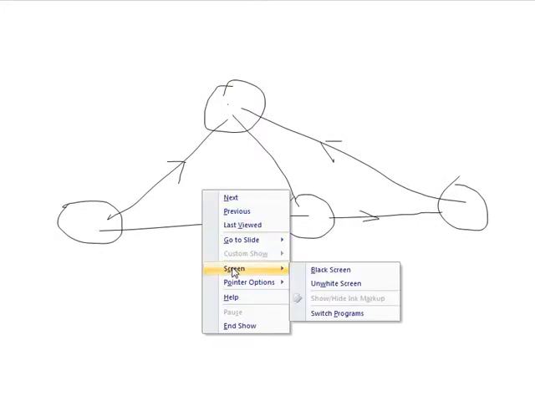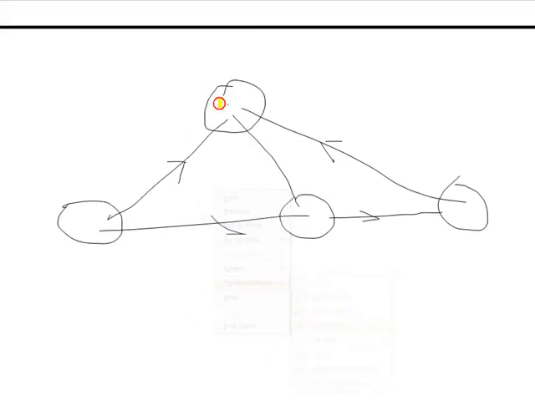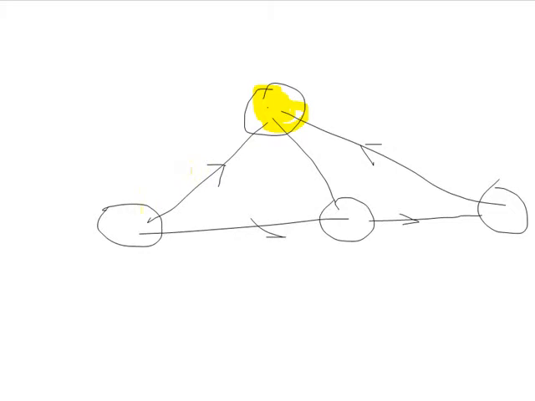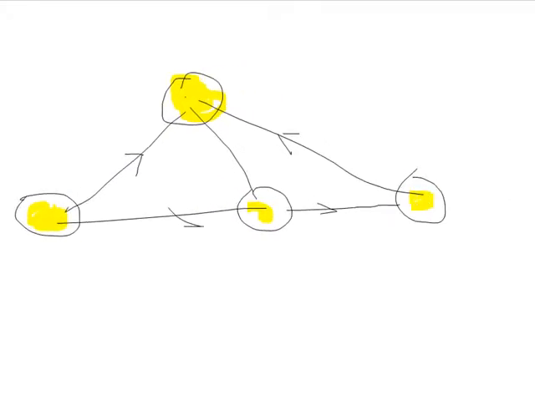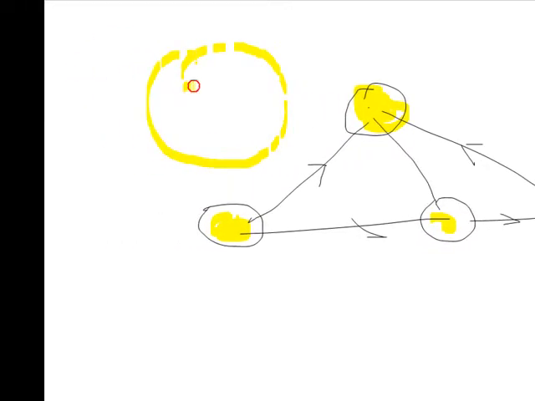You can change the pointer option to highlighter. You can highlight this, or you can fill the colors also. Or if you want to draw a structure, then you can use this for drawing also.